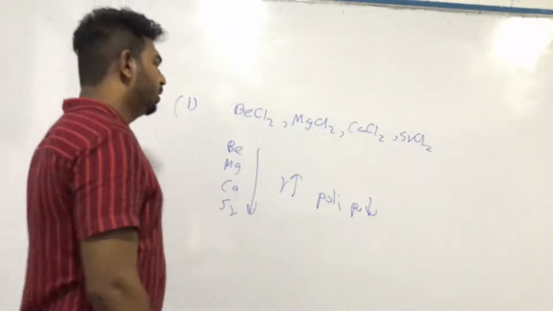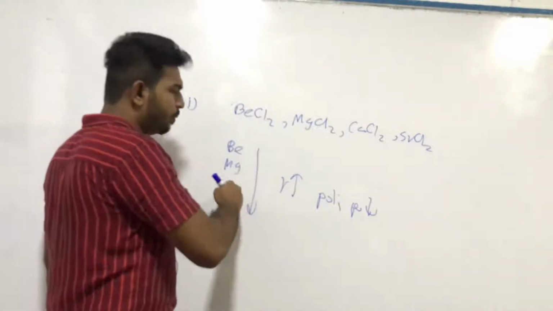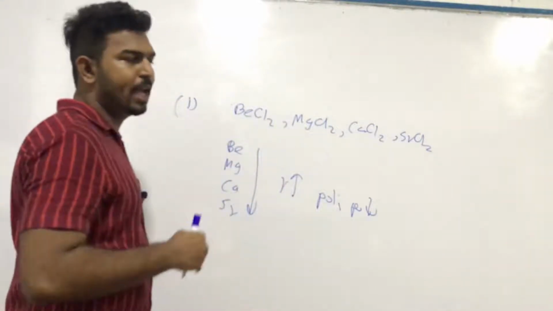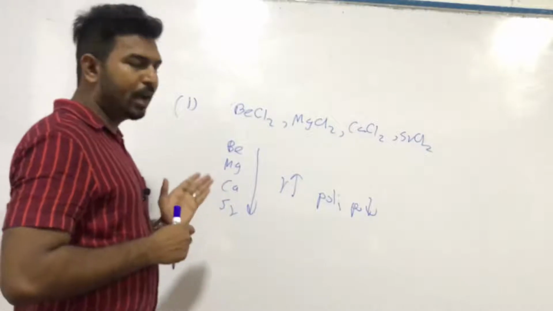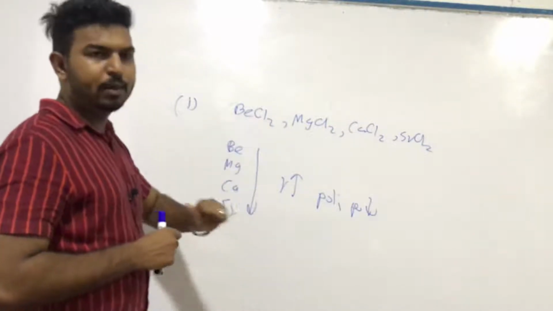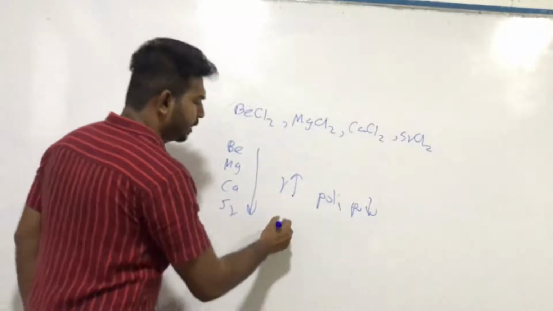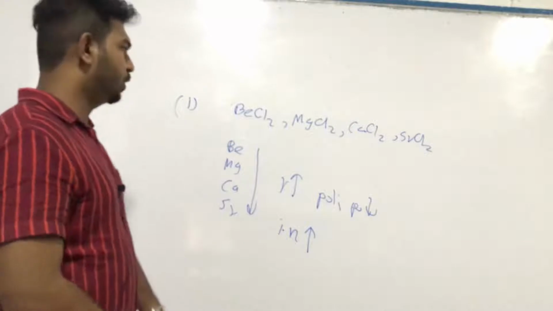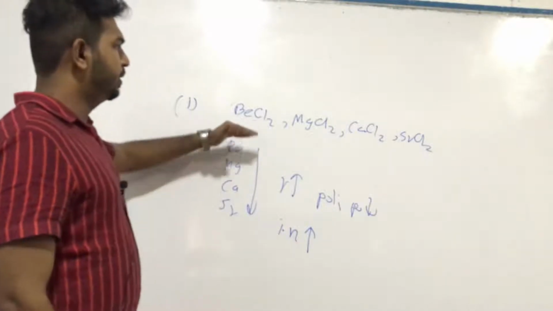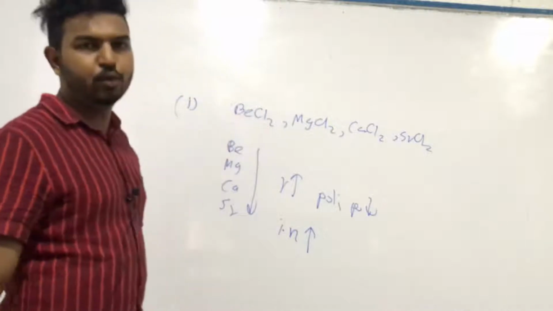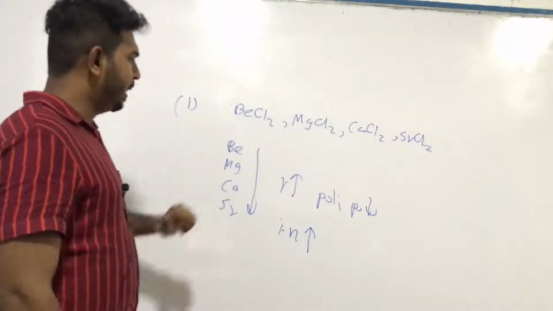Since radius increases, polarizing power of the cation decreases. So what will happen to ionic nature? When polarizing power decreases, ionic nature increases.